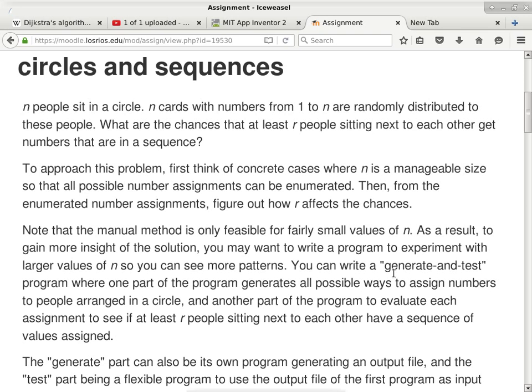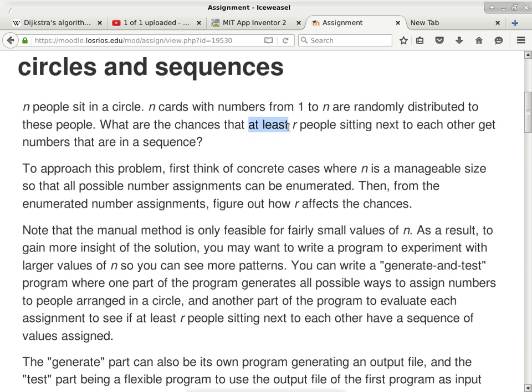But at the same time, because I'm only asking, what are the chances at least r people are sitting next to each other have numbers that are in the sequence, you can also say 1 because 2, 4, 5, 5, 6, they're both 2. So you have to remember the phrase at least, which is this part here.